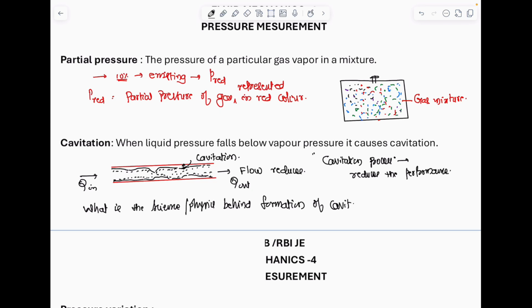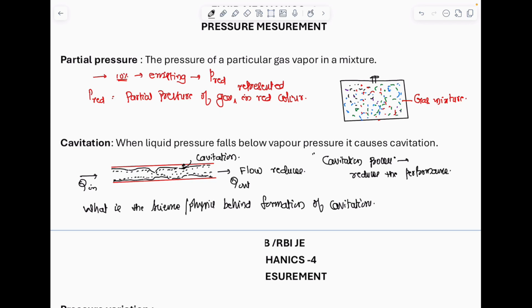This is also one of the important processes that happens in the field, which as a junior engineer you are supposed to know: whenever the liquid pressure falls below the vapor pressure, there will be a cavitation process and there will be a danger of erosion.